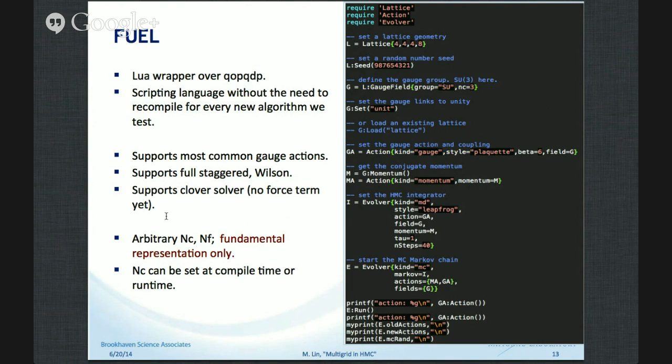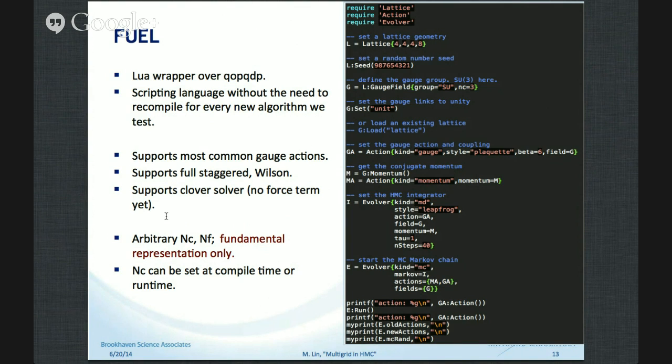And here is an example program for an HMC evolution in Fuel. You first declare a lattice, you set the lattice geometry, and then you set a random number seed, and you decide what kind of gauge group you want. Here it's just SU3, and you set the initial gauge field, and here you declare a gauge action.